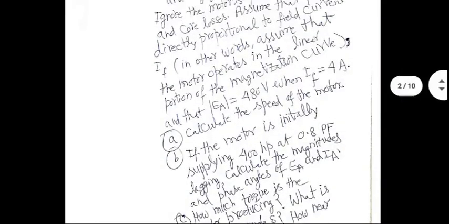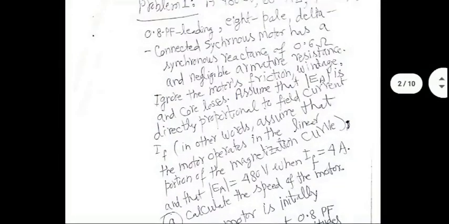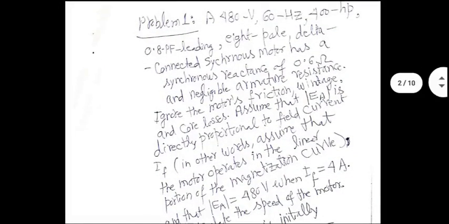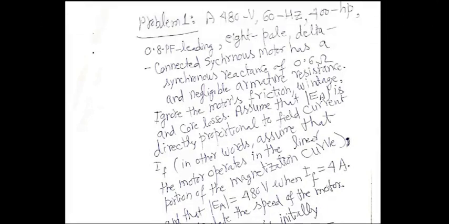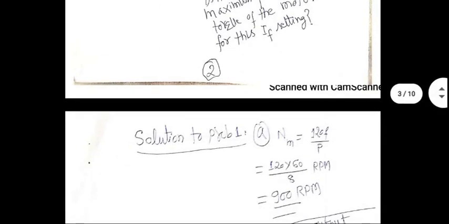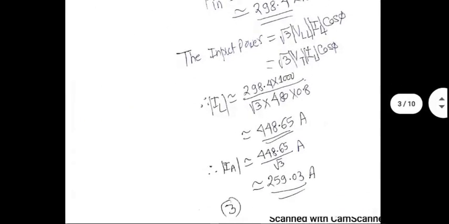Suppose I change the field current to 2 amperes. What would happen? It's a good question to ask. I'm not going to answer it right now, but I'll leave it open for future discussion.